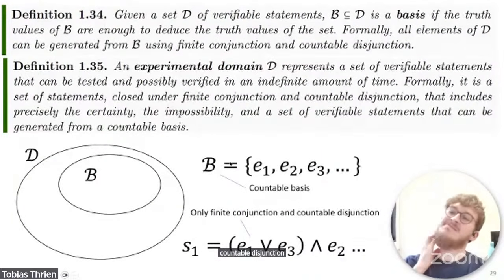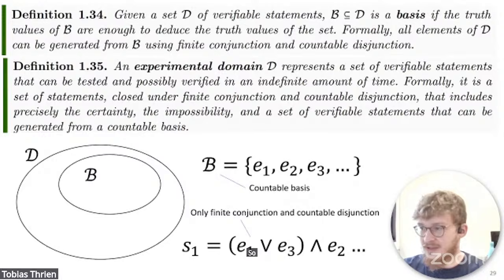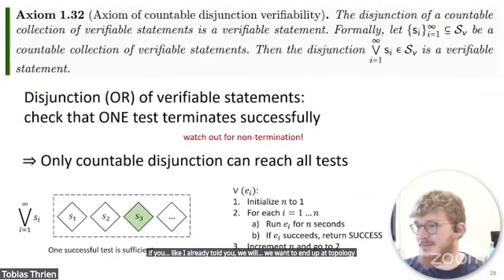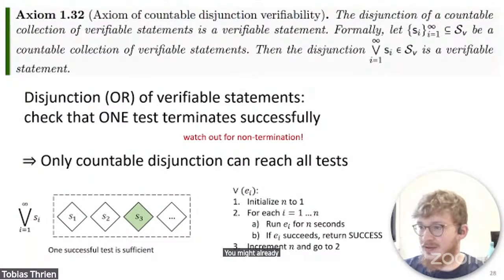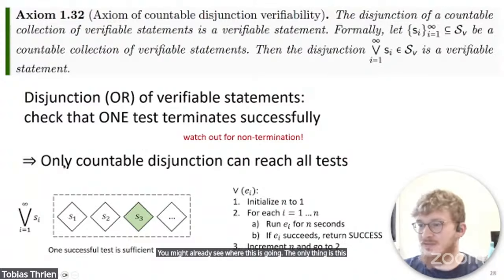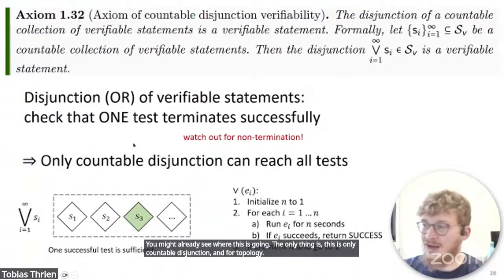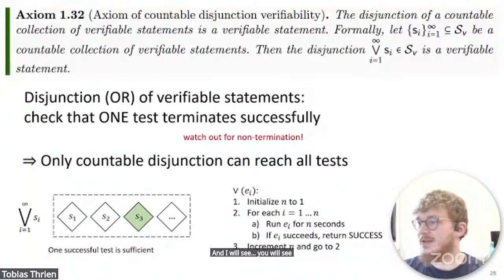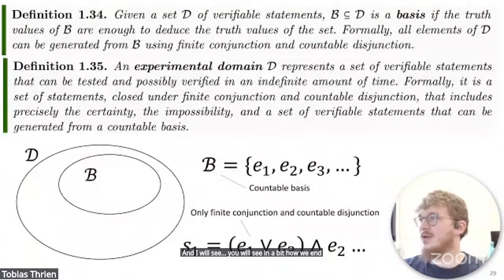Like I already told you, we want to end up at topology. So you might already see where this is going. The only thing is this is only countable disjunction, and for topology you would have arbitrary disjunction, but we're very close. And now you will see in a bit how we end up with topologies.